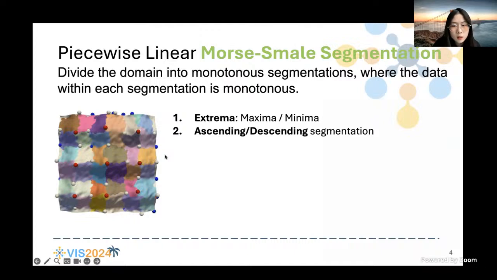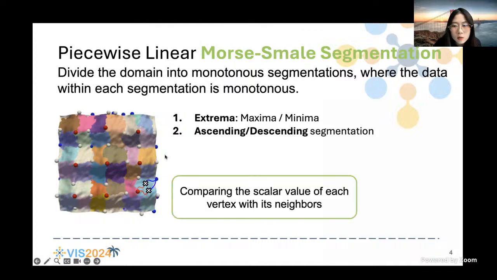Imagine that this figure here is a picture of different mountains with a lot of different peaks and valleys. For two people standing in the same segmentation, by following their speediest ascending or descending direction, which is the integral line, they will reach the same maxima and minima, which we call the label of each vertex in the later context.